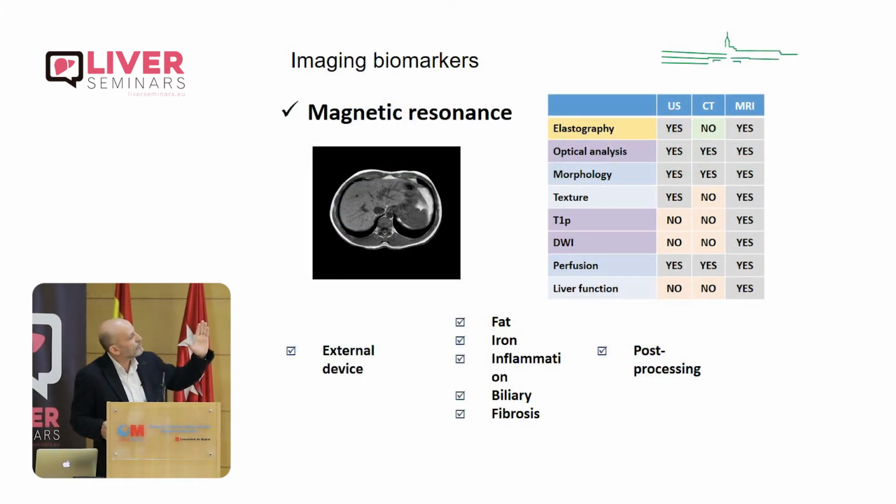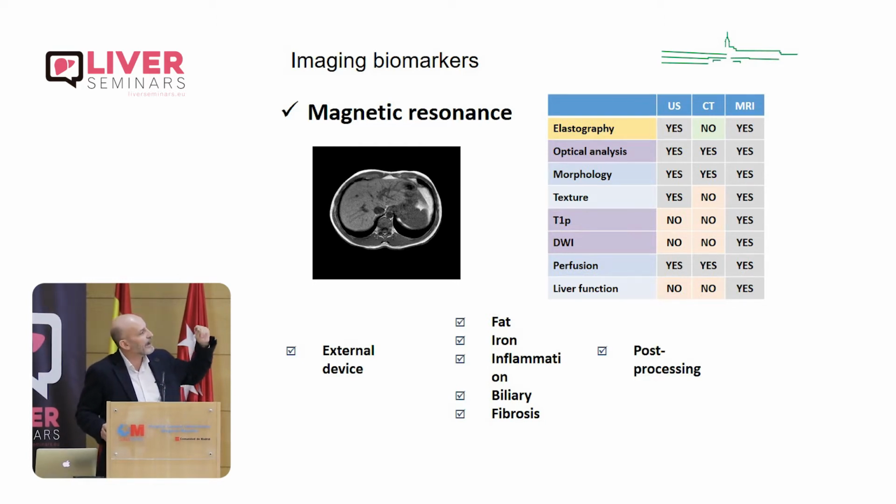When we compare what magnetic resonance can give us in comparison with CT or ultrasonography, we can do many things. We can use different sequences, and we can achieve very relevant information when studying the liver using magnetic resonance. We can quantify fat infiltration, iron, inflammation, the presence of biliary fluid, or fibrosis stage.